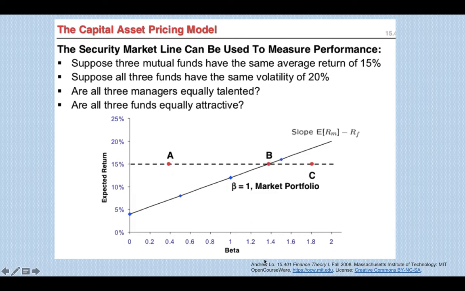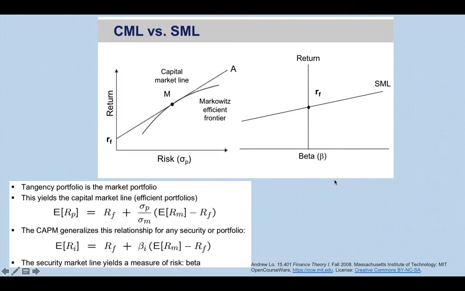B is on the line, giving you a higher beta than A. B's beta is what is required. C is underperforming. So given this situation, A is above this line, outperforming. B on the line is just okay. C under the line is underperforming.